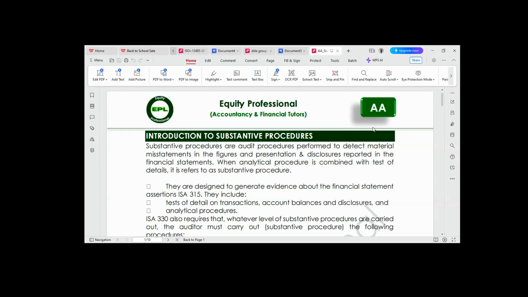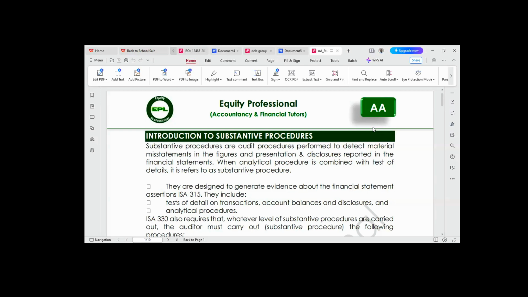You still have your two tests, but the substantive procedure is a procedure that is followed after the two tests have been performed, to ensure that the existing internal control system is effective, and whatever audit evidence is obtainable from that system can be relied upon.